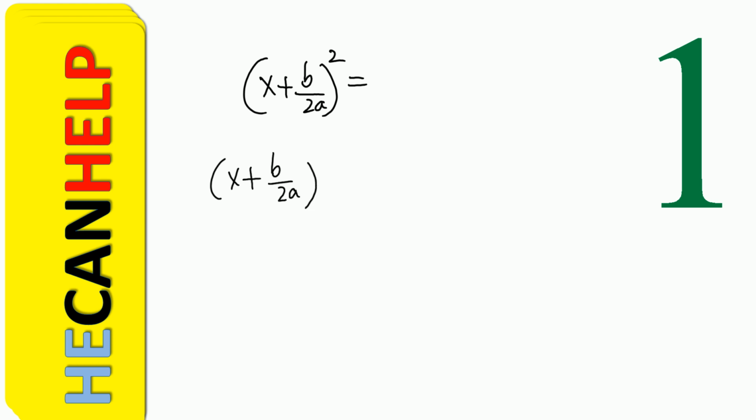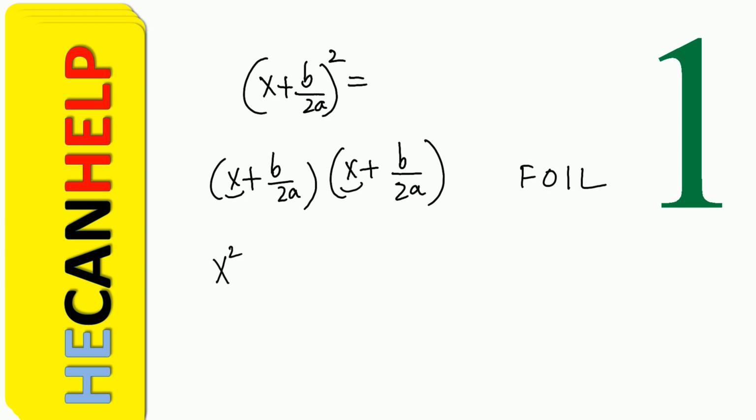So let us make sure that x plus b over 2a squared is equal to, what do we have? This is as good as x plus b over 2a times x plus b over 2a. What is first? First, outer, inner, last. First times first is x times x, which is x squared. Outer times outer is x times b over 2a.